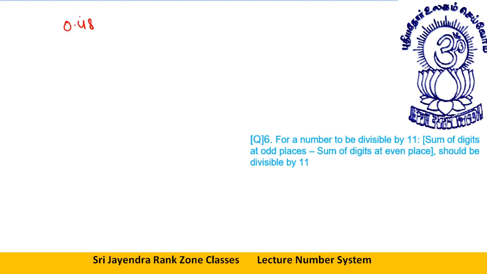Find 0.49 bar. So that will be what? 49 by double nine. Next question.